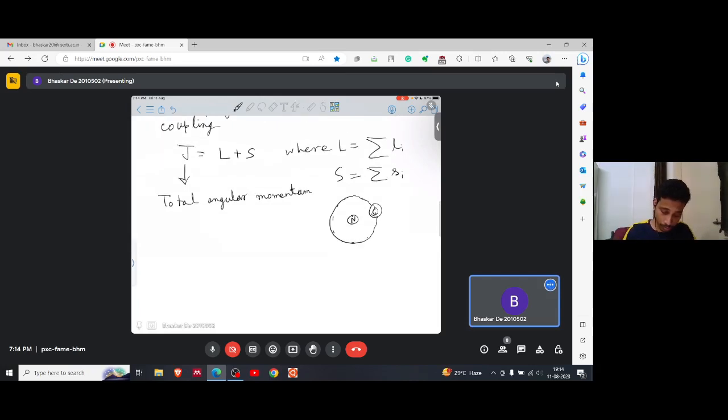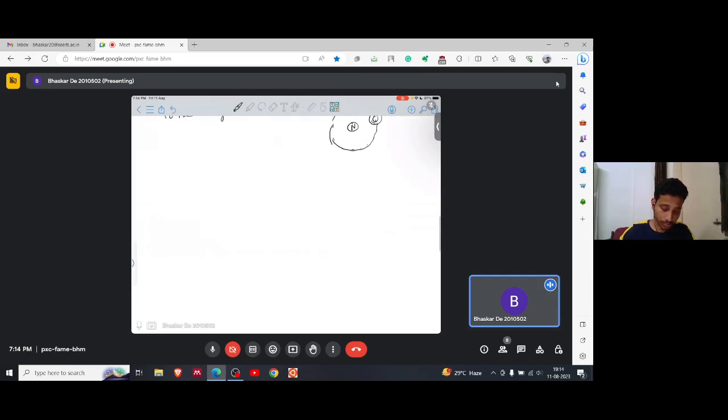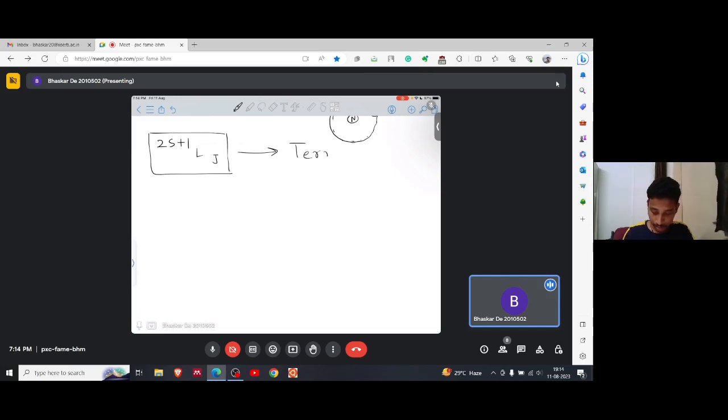Okay, so now we have these three things, J, L and S. From these three things we write 2S plus 1 L J. This is the term symbol.